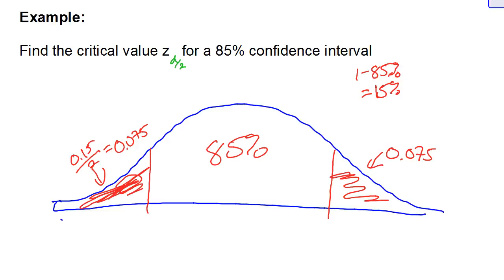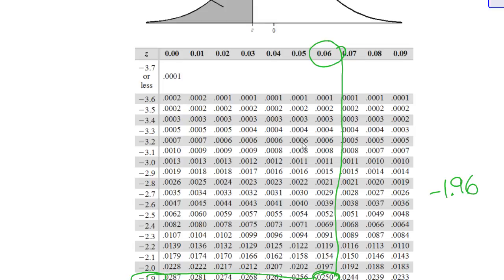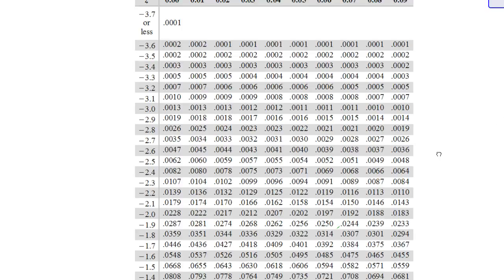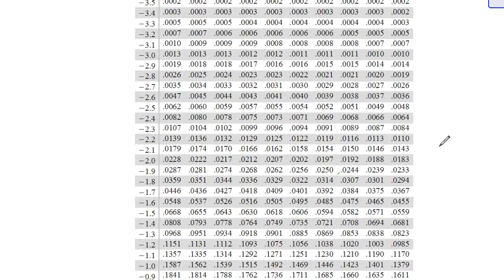And so if I pull up my cumulative normal table and get rid of what we were looking at previously, I want to find 0.075. Well, if I look, I don't have an exact 0.075. I have 0.0764 and 0.0749.